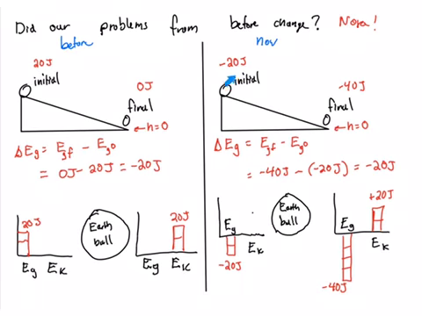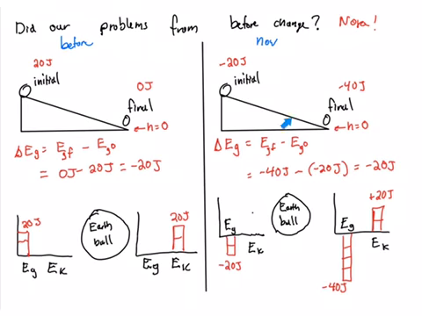If we apply our change in EG equation, we'll still do the difference of final minus initial. So negative 40 minus negative 20 is equal to negative 20 joules. So these are in agreement with each other, and that's what's important.